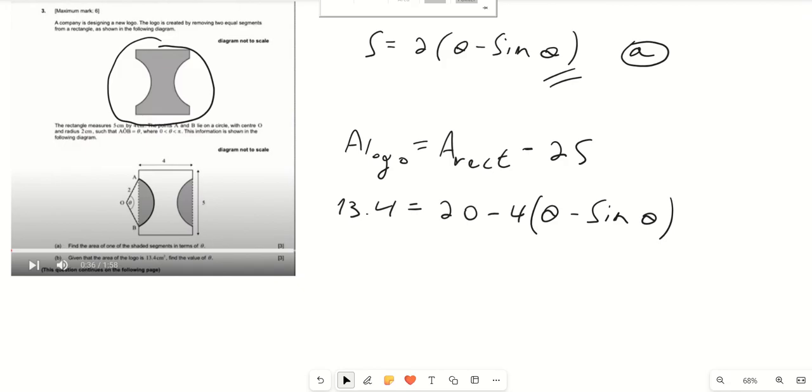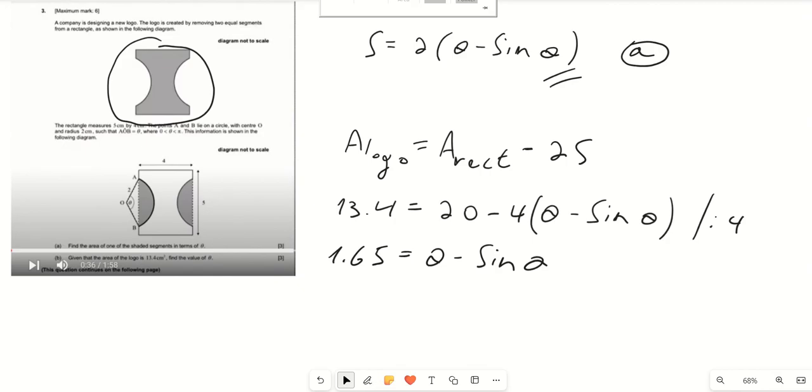So I will divide this equation by 4, and I also move sides, so all the numbers move to the left side, and I am left with 1.65 equals theta minus the sine of theta.